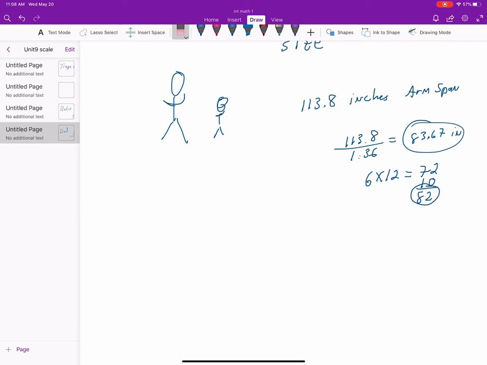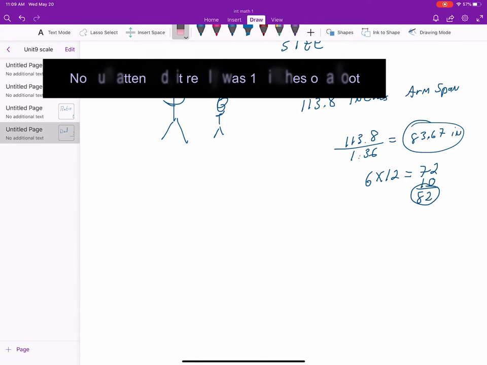Let's do just one more little measurement here, a foot. So for example, let's take myself. I'm going to measure my shoe length here, and I got just about a foot.